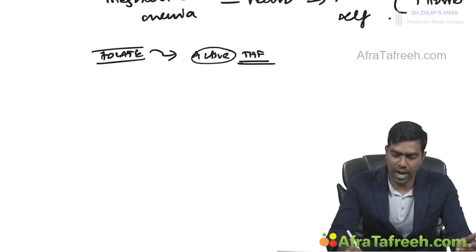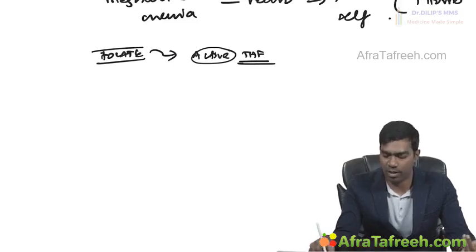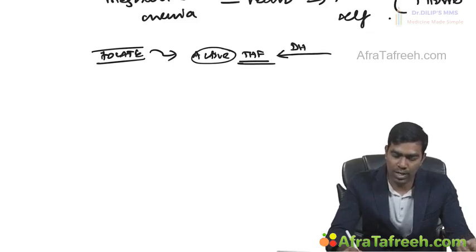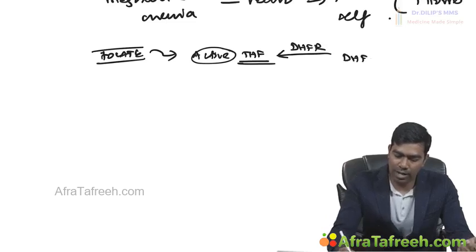Who's forming the active form of tetrahydrofolate? There are two enzymes that form it. One is DHFR, dihydrofolate reductase, where dihydrofolate forms tetrahydrofolate.